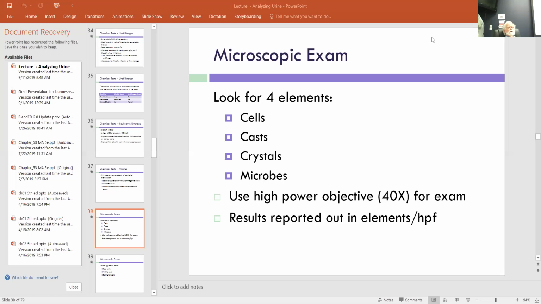So what we do is we look in there, and as we are looking at things like cells and crystals, we estimate the number of these things that we can see in our field of view. It's called HPF, high power field. We just count the number of cells.